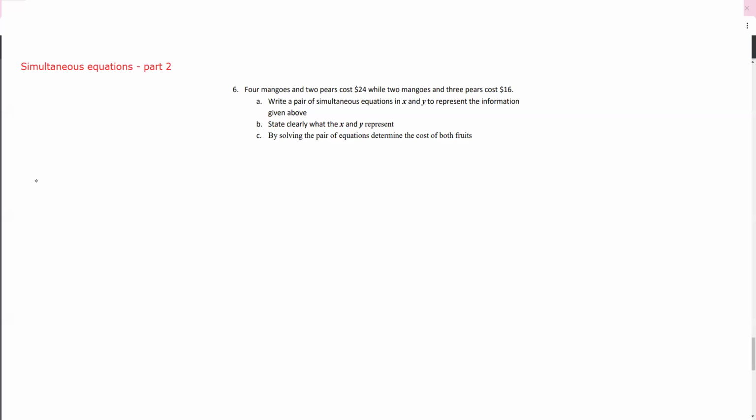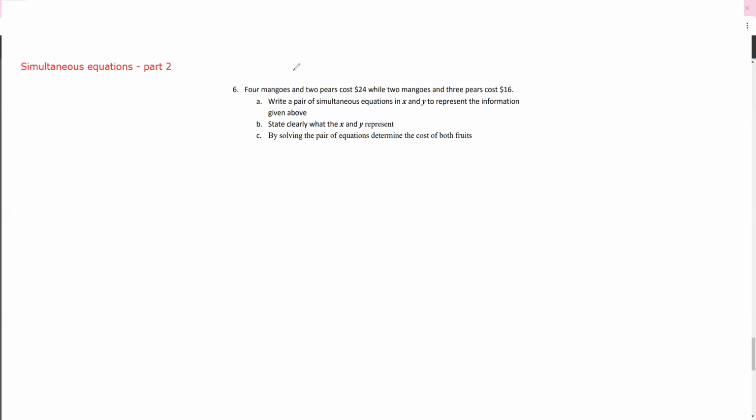Now remember, a simultaneous equation has two unknowns, right? And you're trying to solve for both those unknowns in the same question. They could give us certain worded problems as well. So let's take a look.